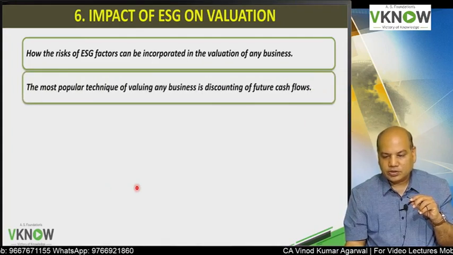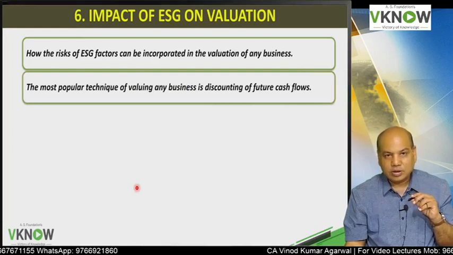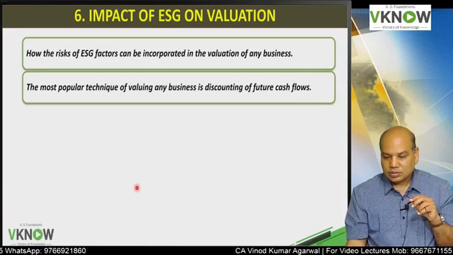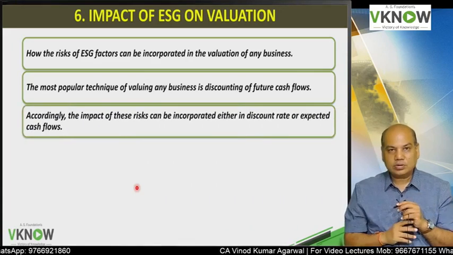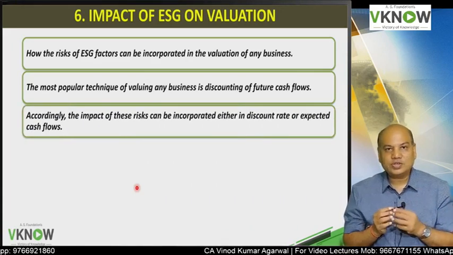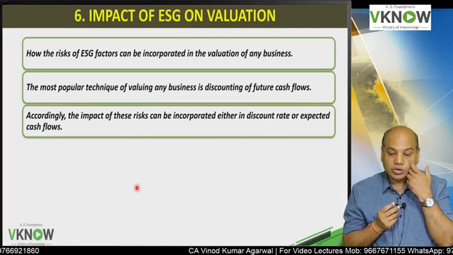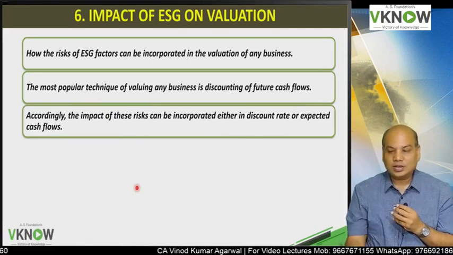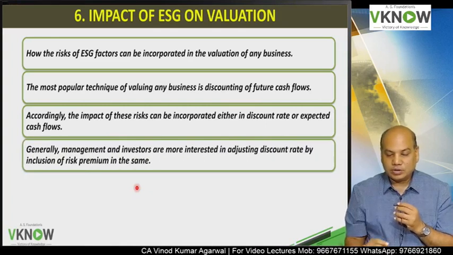One popular way is to increase the rate of discount. If you think that ESG risk is more, and the company is not complying with ESG, then you can use a higher discount rate in the valuation.